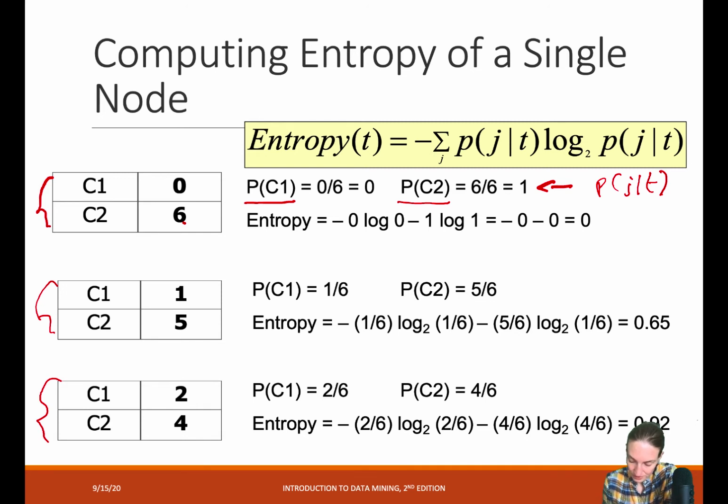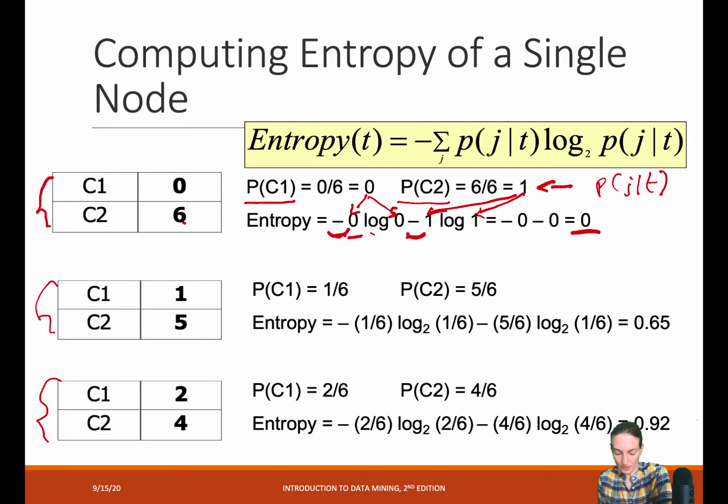Then we just fill this into the formula, and we can see that the summation of minus p log p, here 0 log 0 and 1 log 1, summed up equals 0.